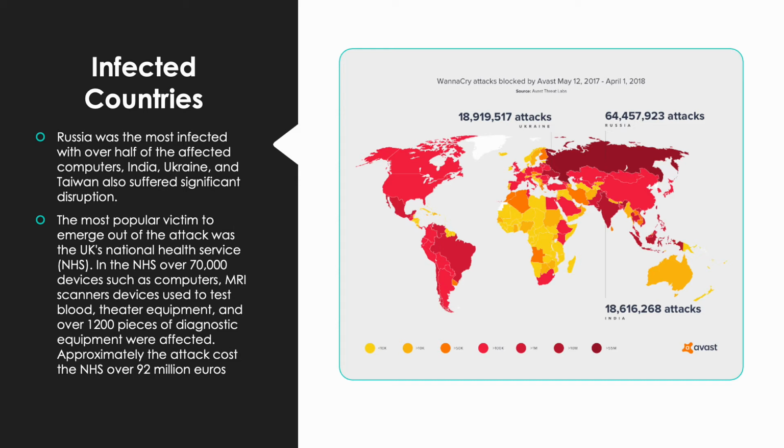In the NHS, over 70,000 devices such as computers, MRI scanners, and devices used to test blood, and over 1,200 pieces of diagnosis equipment were affected. Approximately, the attack cost the NHS over 92 million euros.